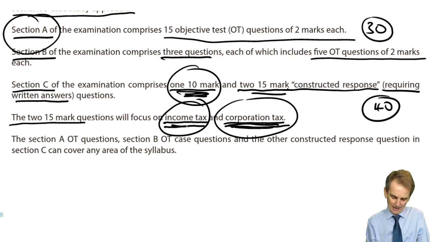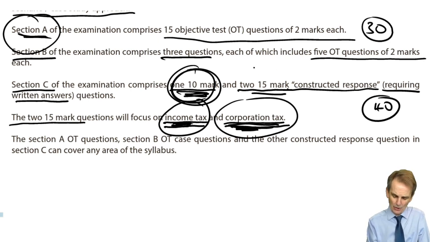And we've got income tax, we've got corporation tax. In terms of the 10 mark, it could be a bit of everything, say including national insurance contributions. Section A is a mix of everything. Again, it could be every tax there. So the main objective of these 3 questions is picking up on the other taxes.